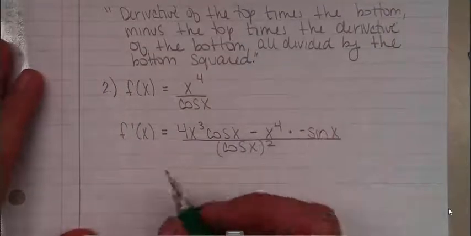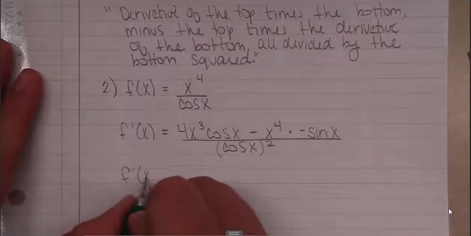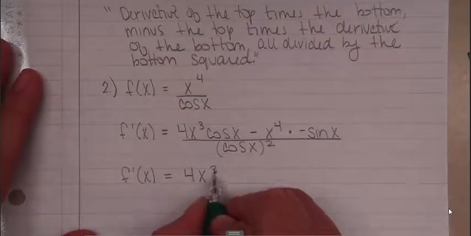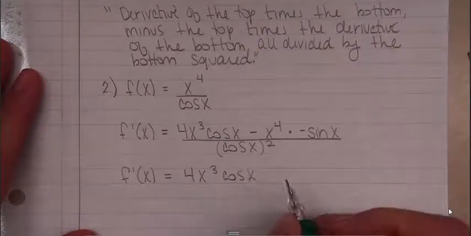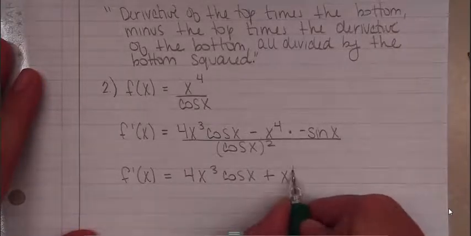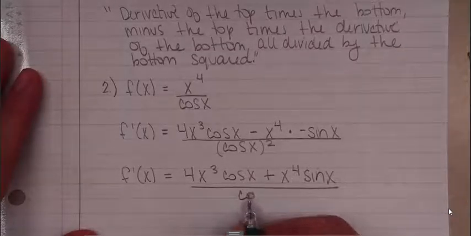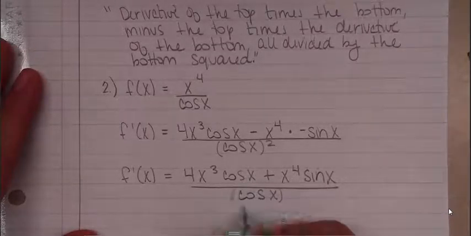Okay, if I wanted to simplify this, this would really be 4x cubed cosine of x plus x to the fourth sine of x, all over cosine x squared.